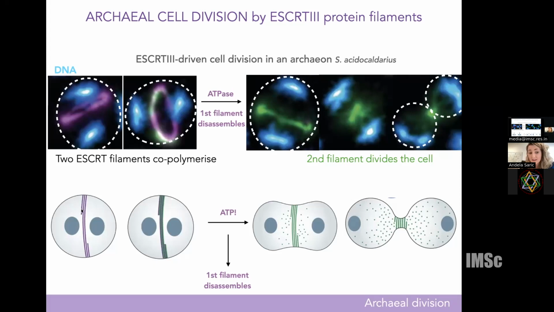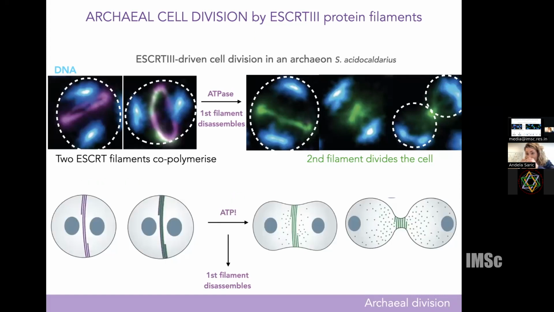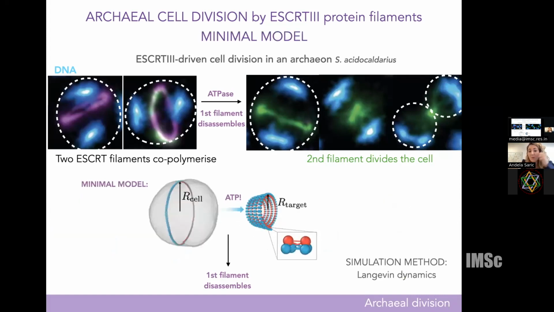Exactly. So we just disassemble. Basically, this energy is used to disassemble the first filament. And to model this idea that the disassembly releases a second filament that has a smaller radius of curvature, we suddenly change the curvature of the filament. And that's an active step, right?